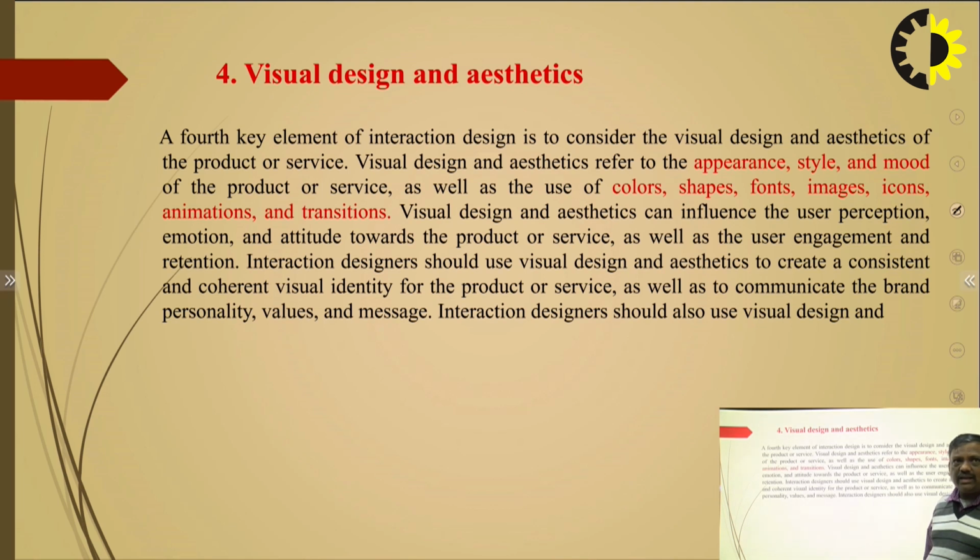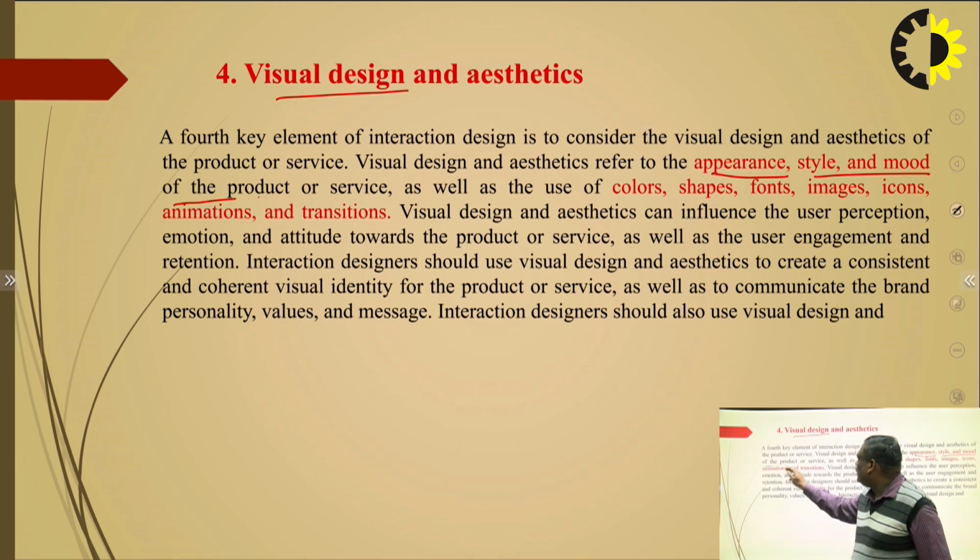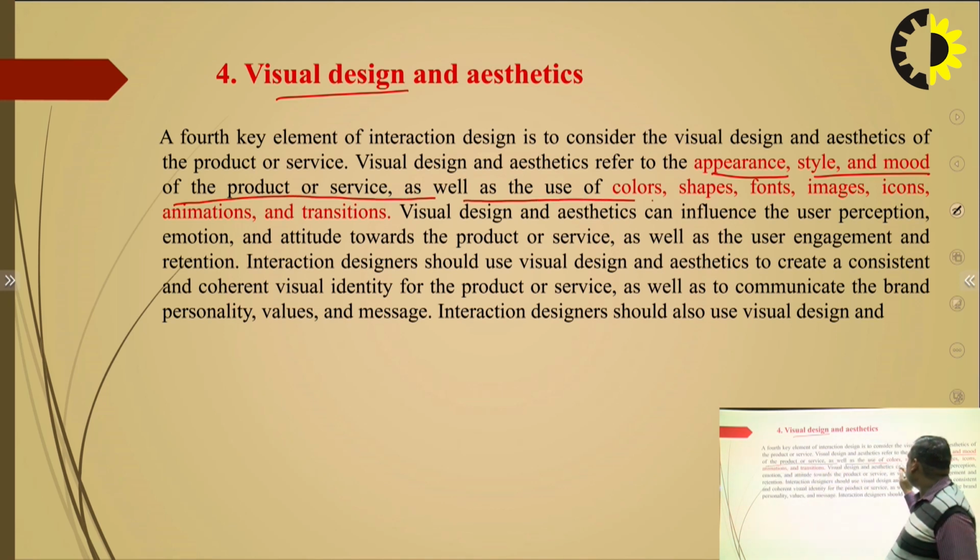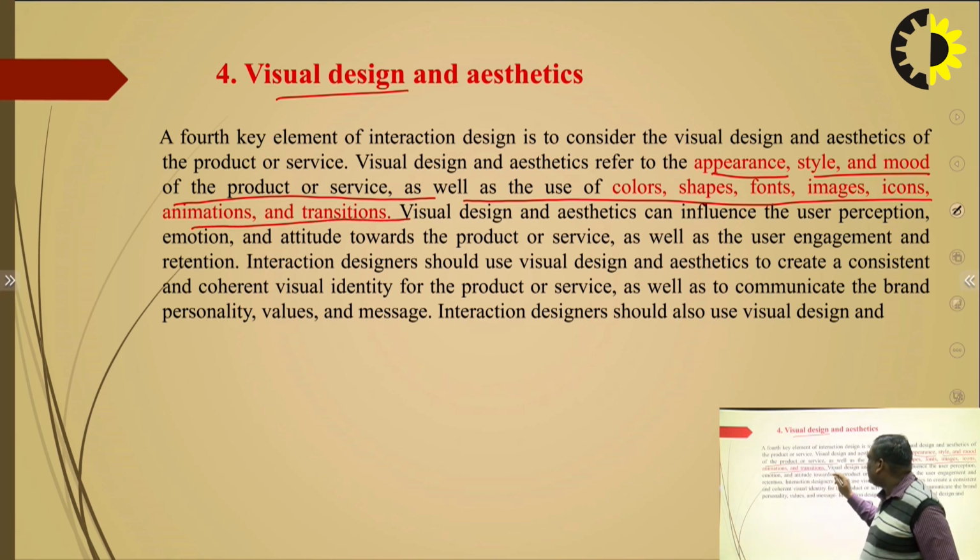Visual design and aesthetics. Visual design means visual appeal, feel good. It covers the appearance, style and mood of the product or service, as well as the use of color, shape, font, image, icons, animation and transition. So we use color, font size, icons, animations and figures.